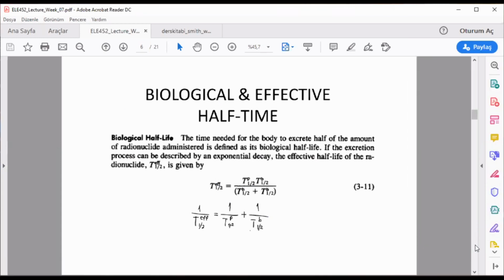So we have to go through another definition of half-time. Half-time means you have some substance and the number of decays is that many becquerels at a specific time. After a half-life period, that decay drops to 1/2 of this value.